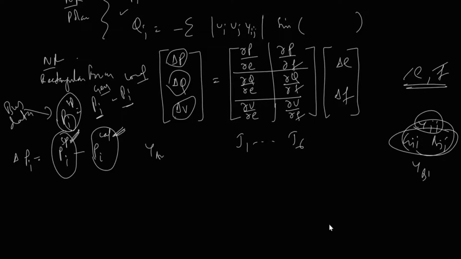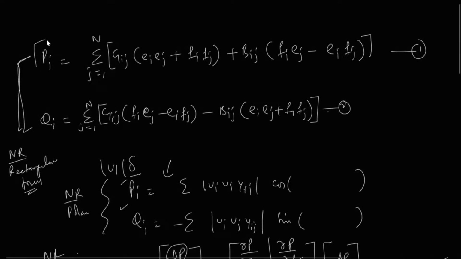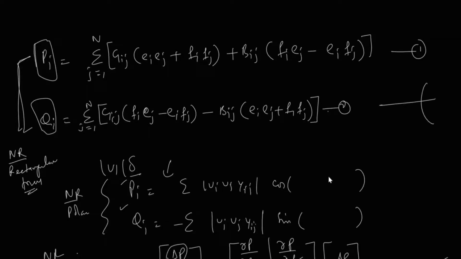using Y bus elements and all bus voltages, in terms of E and F's. Where do you use? You use this equation to find out Pi, and this equation you will be using to find out Qi. Indirectly, it is the net injection Pi, net injection Qi into the ith bus given by these two equations in case of rectangular form.